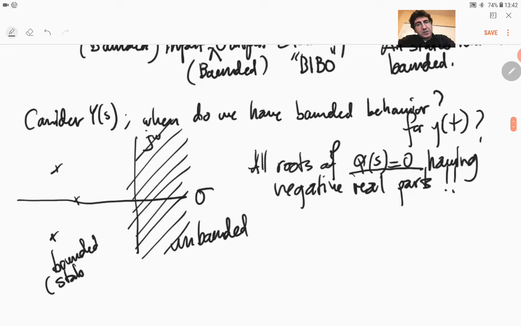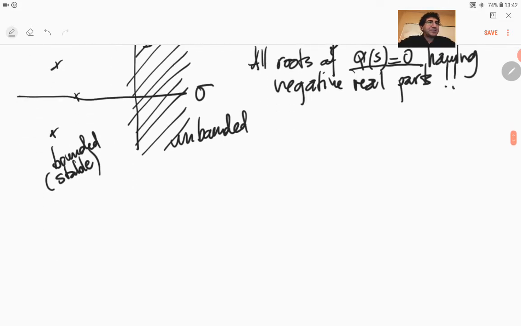Why is that the case? Well, we know that these negative real parts result in exponential functions with a negative exponent. So as time goes by, these exponentials decay down to 0. Therefore, the contributions become less and less, and the output converges to a value in the limit.